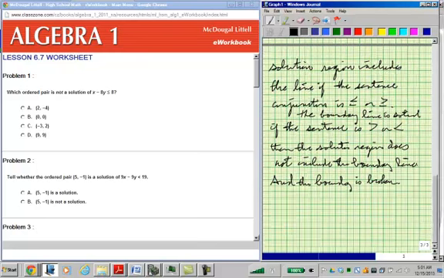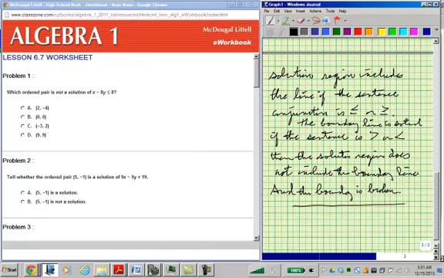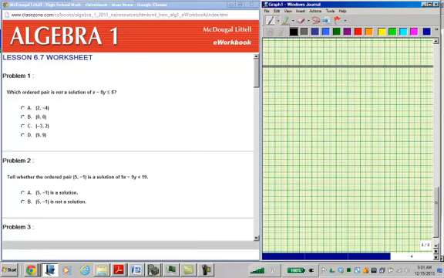Okay, so what can we determine right here in this situation? Okay, the line is solid. It's less than or equal to.